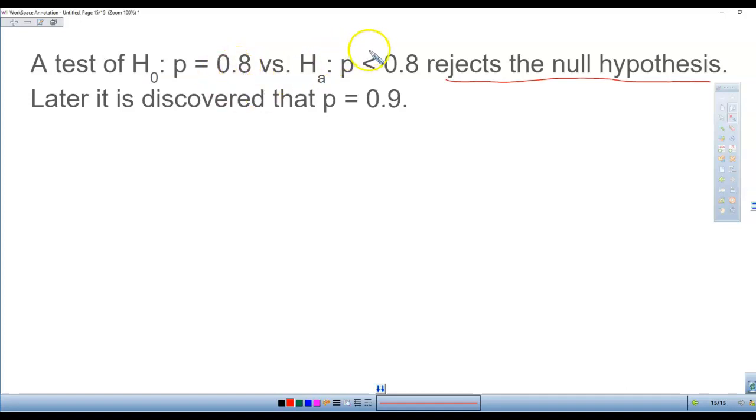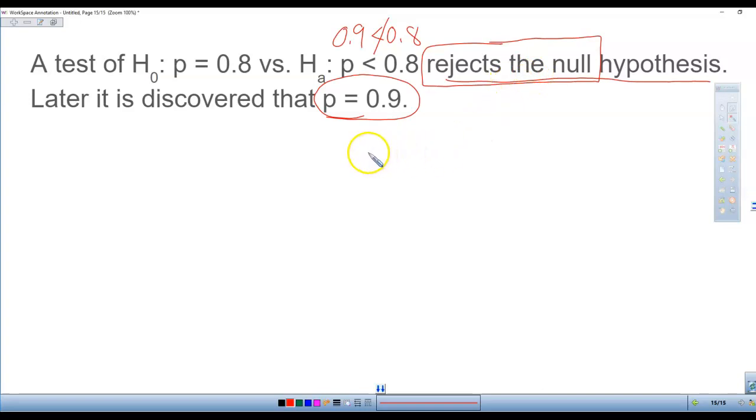So then I can accept the alternative hypothesis, okay? Then it's later discovered that p is 0.9. But if I plug in 0.9, that's not less than 0.8. So then I made an error. What type of error did I make? Well, I rejected the null when I should have failed to reject the null.